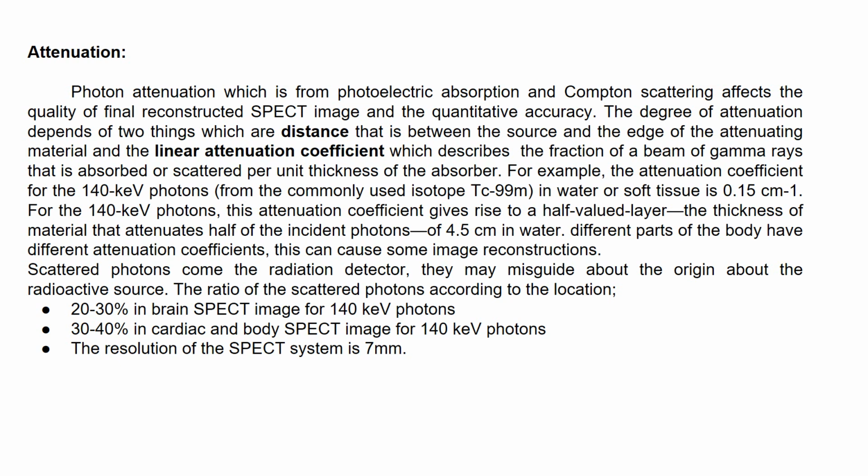Photon attenuation, which results from photoelectric absorption and Compton scattering, affects the quality of the final reconstructed SPECT image and the quantitative accuracy. The degree of attenuation depends on two things: the distance between the source and the edge of the attenuating material, and the linear attenuation coefficient, which describes the fraction of a beam of gamma rays that is absorbed or scattered per unit thickness of the absorber.